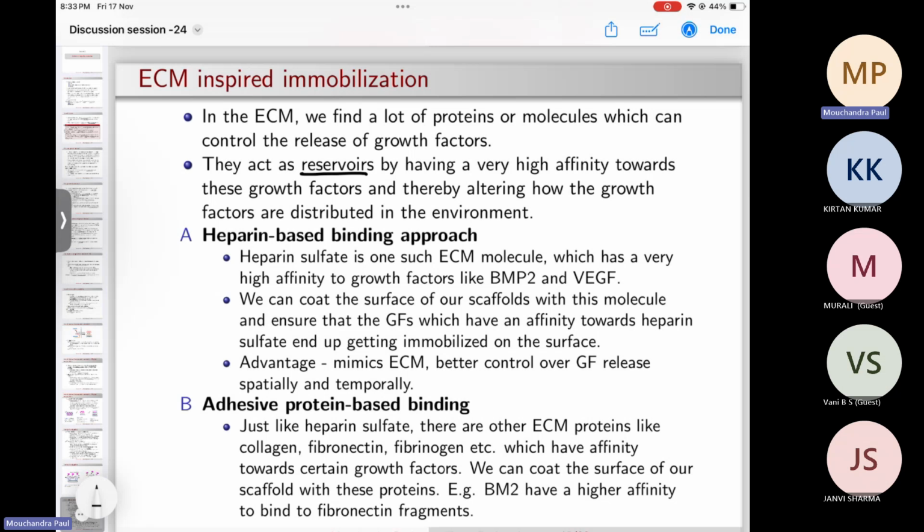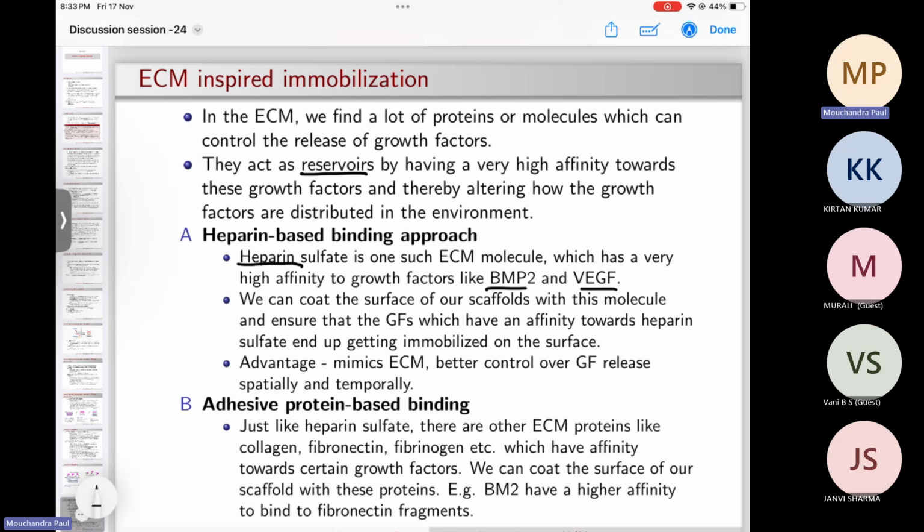Heparin is an ECM molecule, and it has been shown that heparin can strongly bind with growth factors like BMP2 and VEGF. There are other growth factors as well. So if we coat our surface with this heparin sulfate molecule, then we can ensure that this particular class of growth factors will strongly bind on our surface. And if our purpose is to deliver these growth factors, then we will be successful at it.